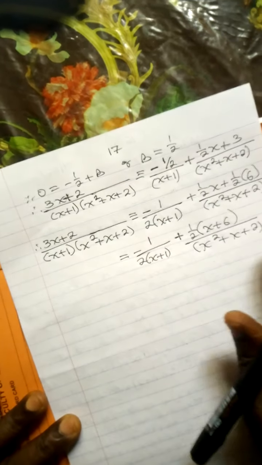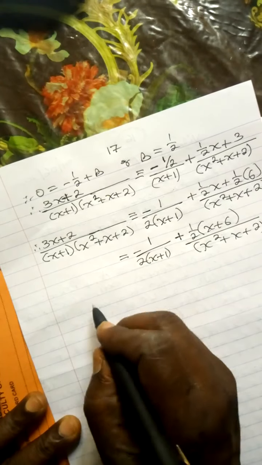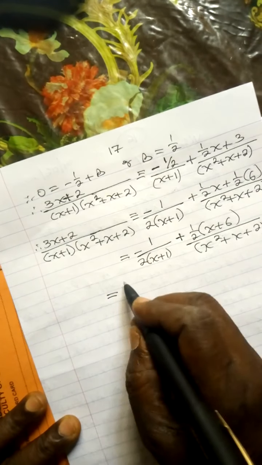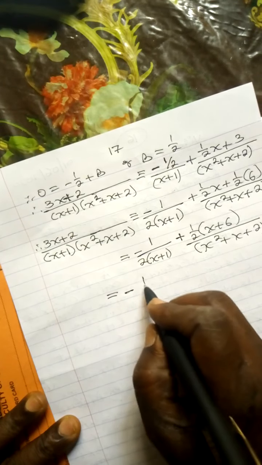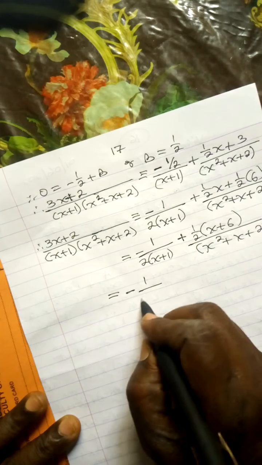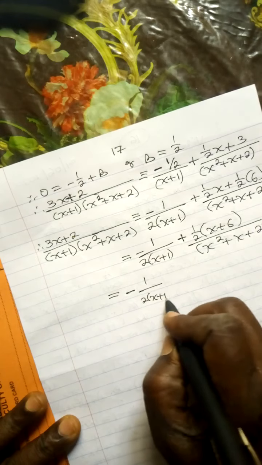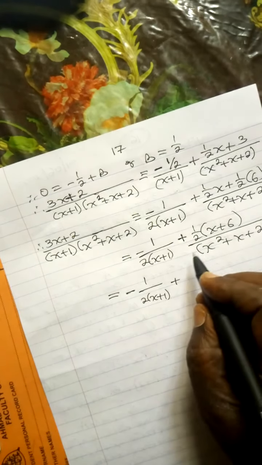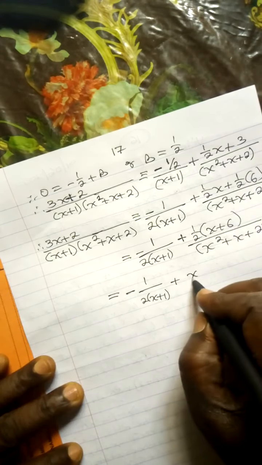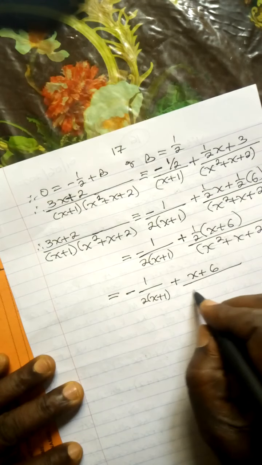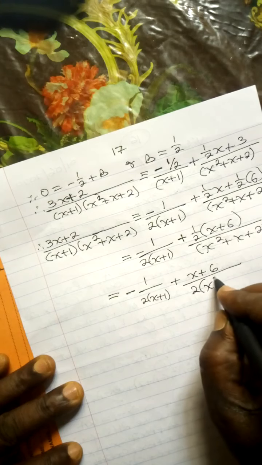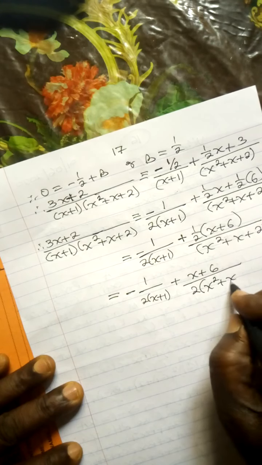Now these two come down. This is equal to minus 1 over 2(x + 1) plus (x + 6) over 2(x squared + x + 2).